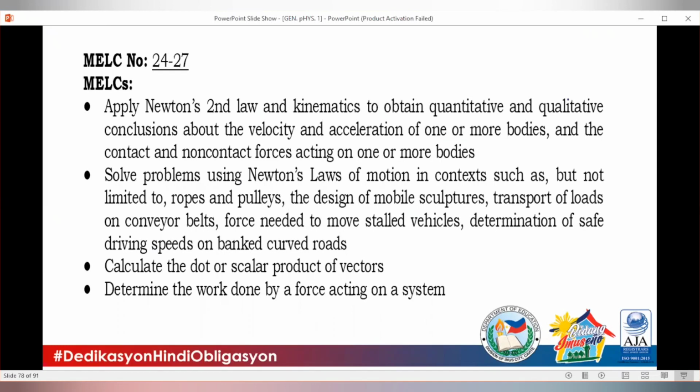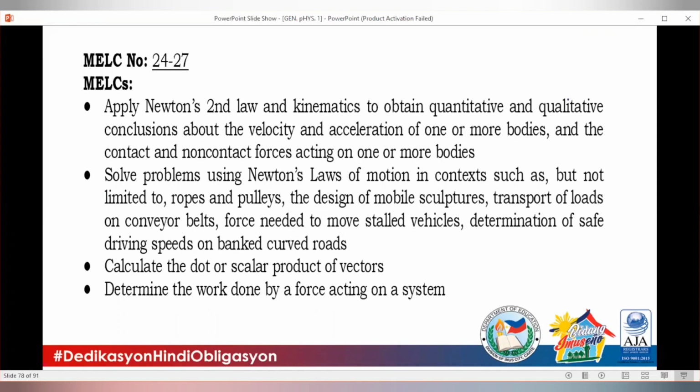First is to apply Newton's second law and kinematics to obtain quantitative and qualitative conclusions about the velocity and acceleration of one or more bodies and the contact and non-contact forces acting on one or more bodies.